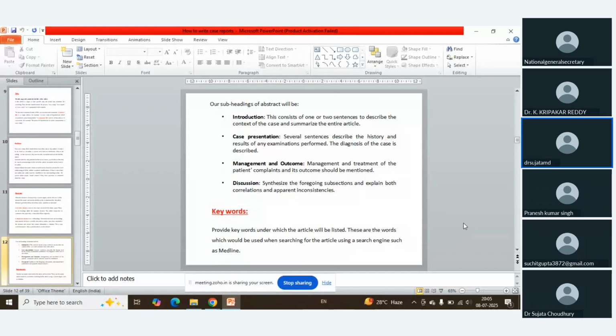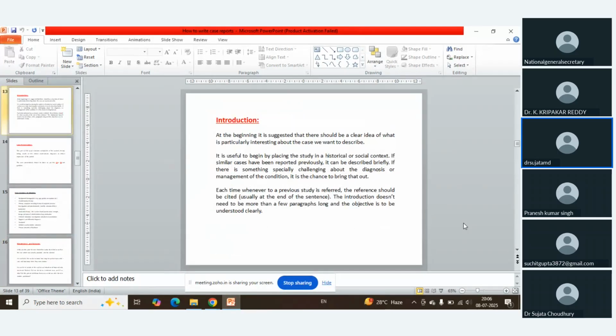If you select a word such that by searching it your article will be visible to others, those are the keywords. Only 4 to 5 keywords should be given in an article, and those should be the most relevant for that article.